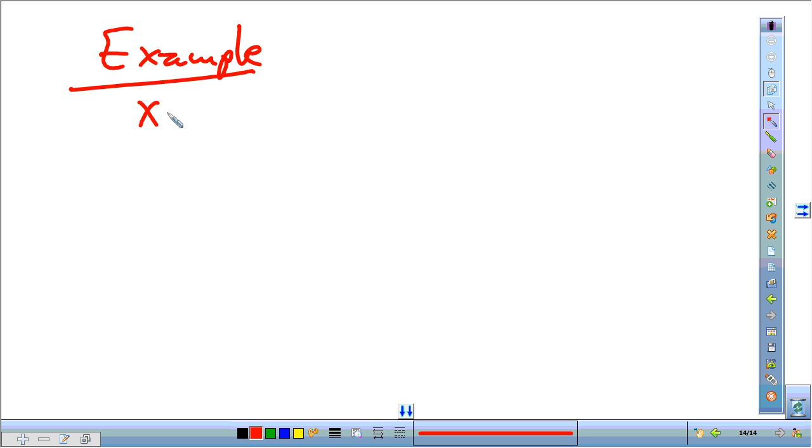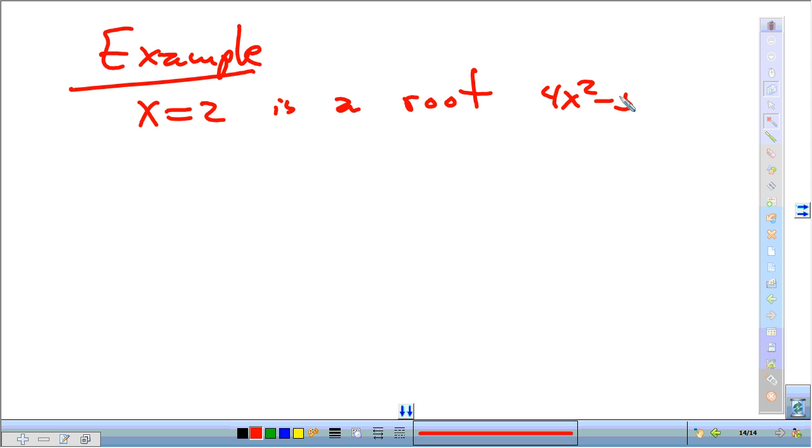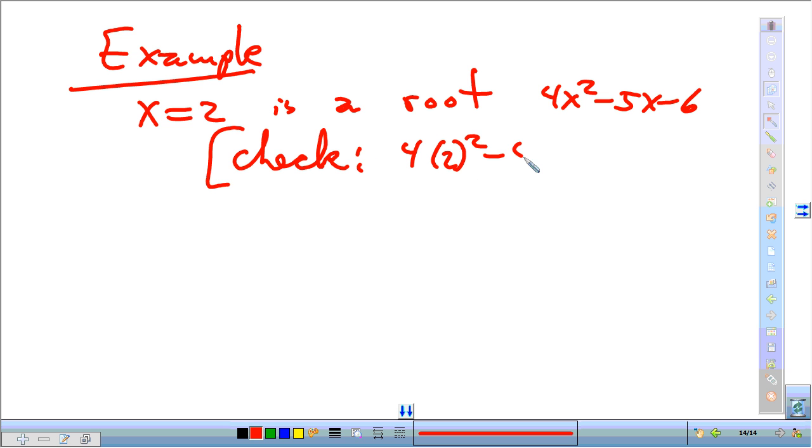So, for example, x equal 2 is a root of 4x squared minus 5x minus 6. So I substitute in 2. And I find, oh, it is a 0, so I have a root.